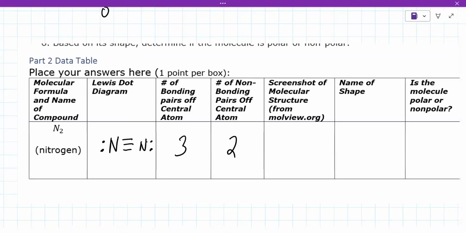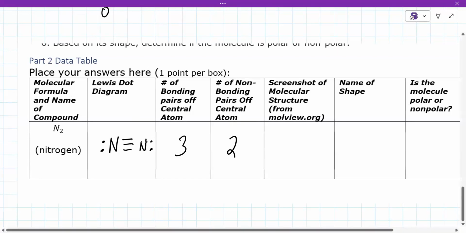I know that's inconsistent with what we just said, but the 80-20 rule works for most of the time. Name a shape. So this is linear again, just because when there's two, 1, 2, they're side by side, it's linear. And if you look it up, it is nonpolar.